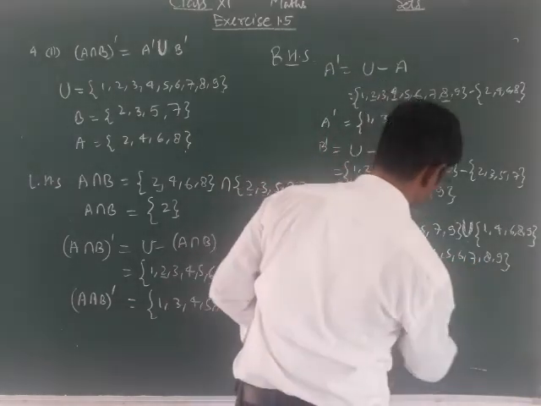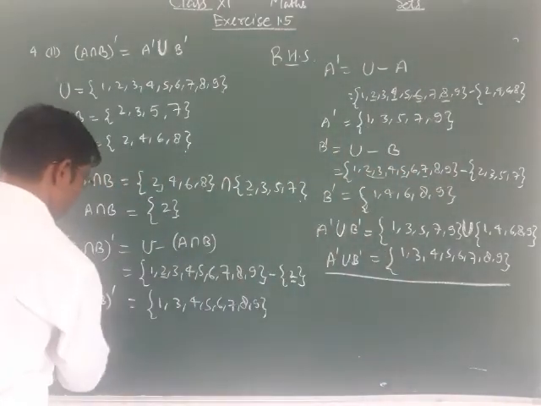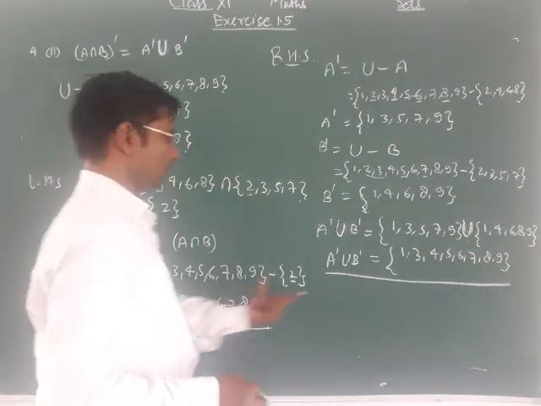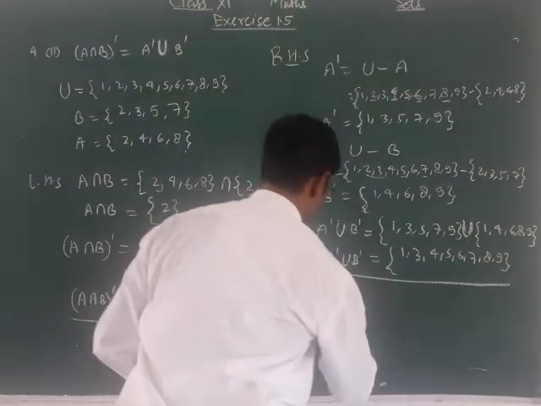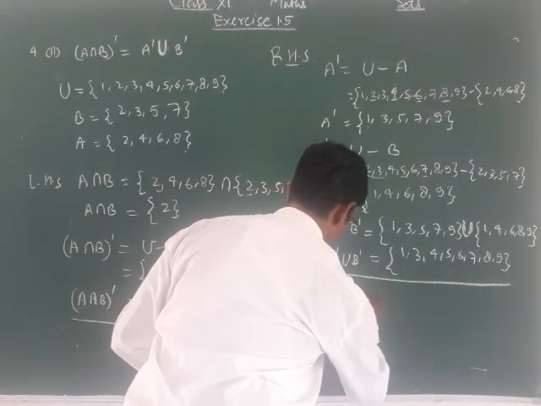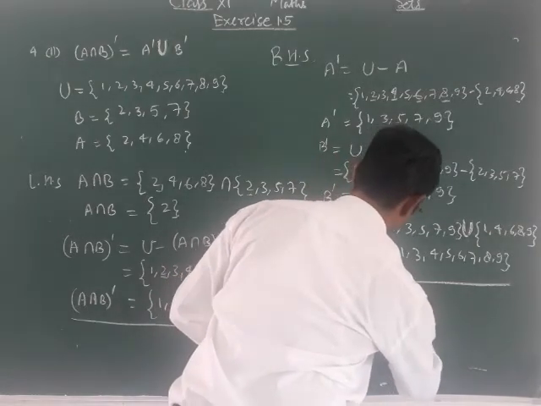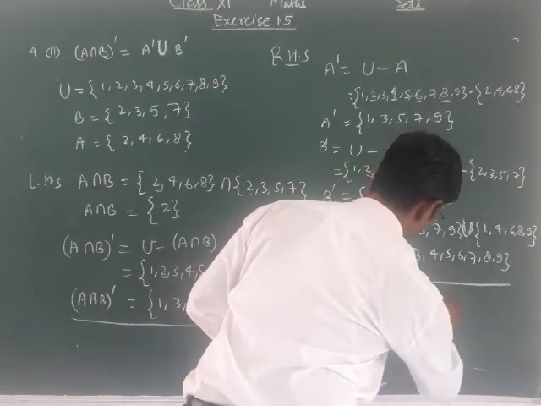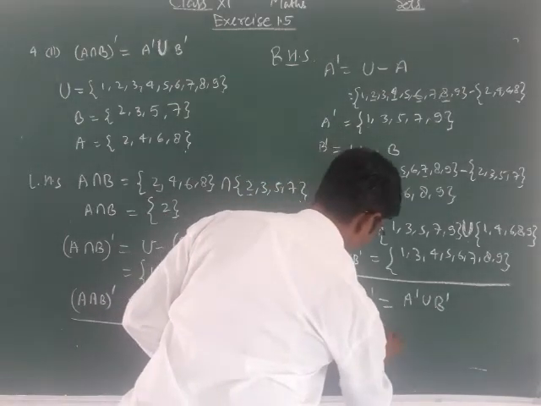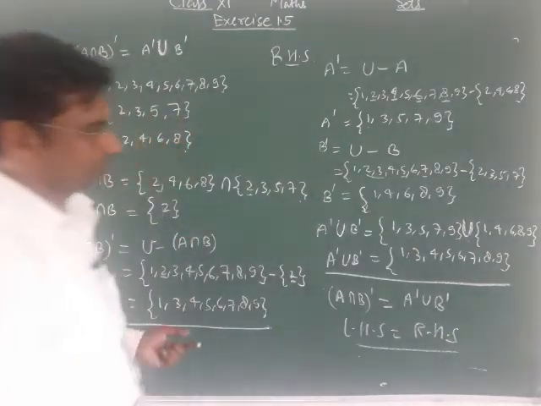This is complement of A union B dash, and the intersection this. So all elements are same. Therefore complement of A intersection B is equal to complement of A union complement of B. So LHS is equal to RHS.